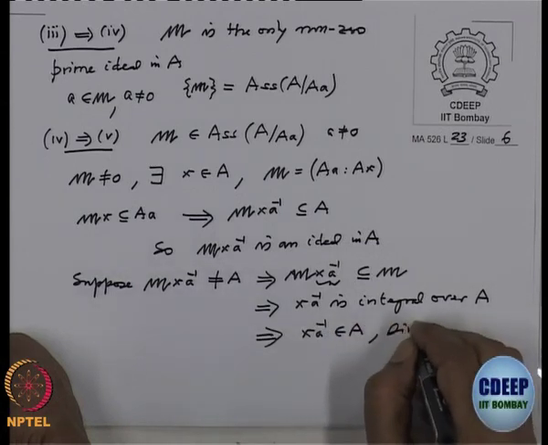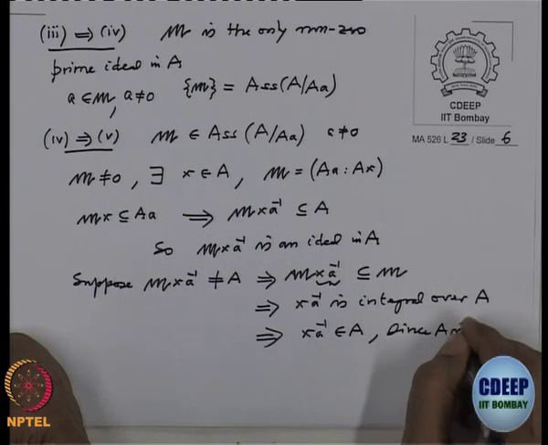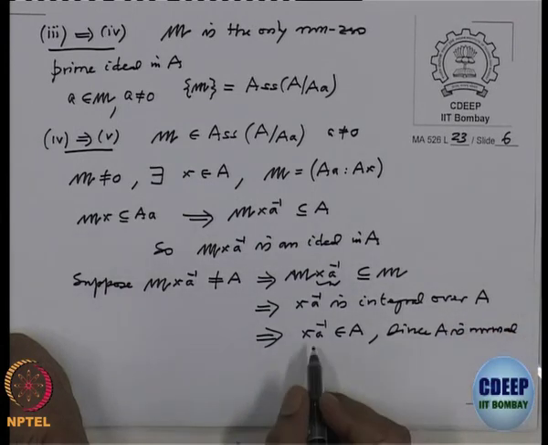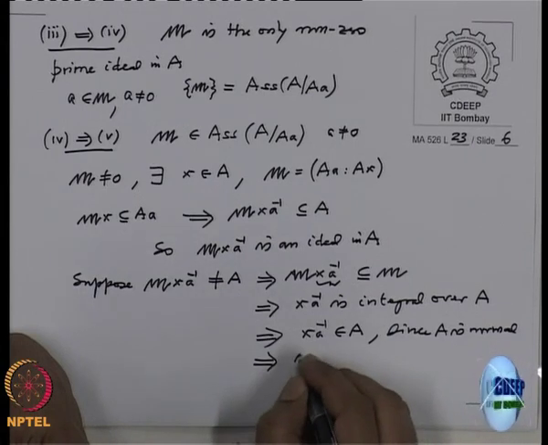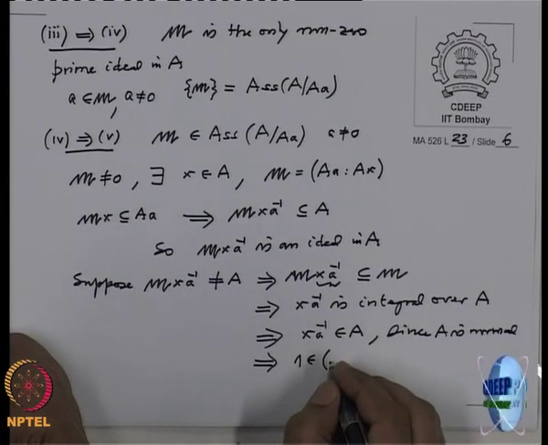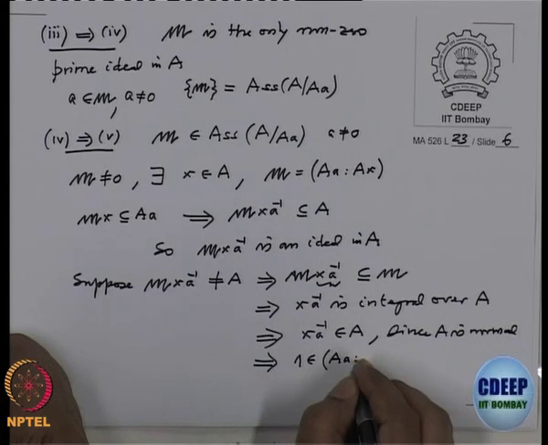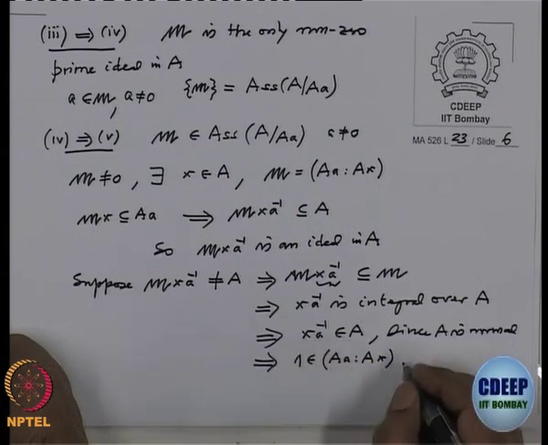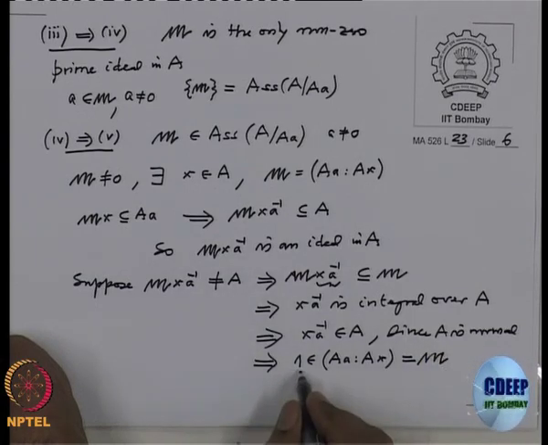Since A is normal, this will mean 1 belongs to this colon, a over x. This means precisely this, but this is M. So, it is a contradiction.